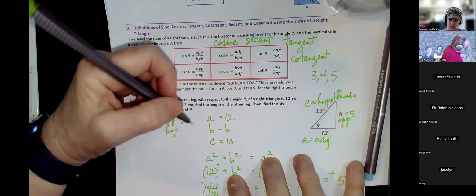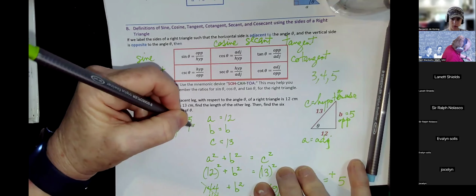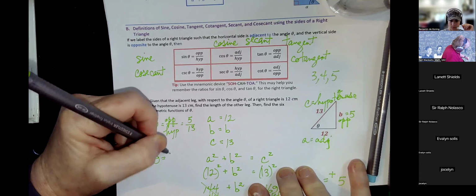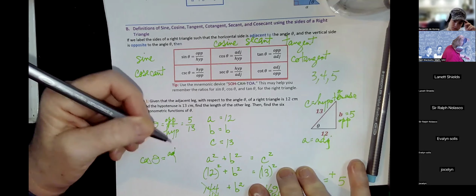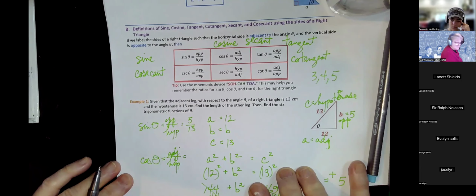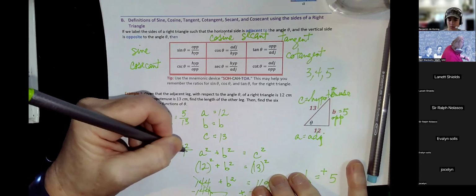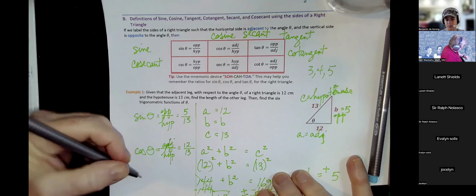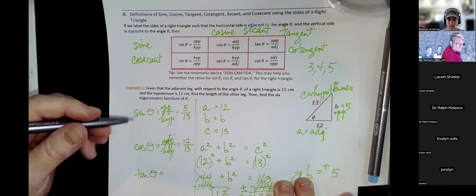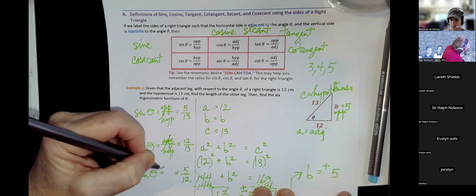B, 5. And the hypotenuse, 13. Beautiful. And then we've got cosine. Cosine is adjacent over hypotenuse. Adjacent is 12, and the hypotenuse is still 13. And then tangent. Tangent is what over what? 5 over 12. Yes, and it's opposite over adjacent.